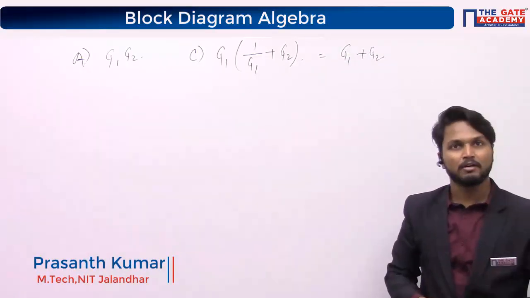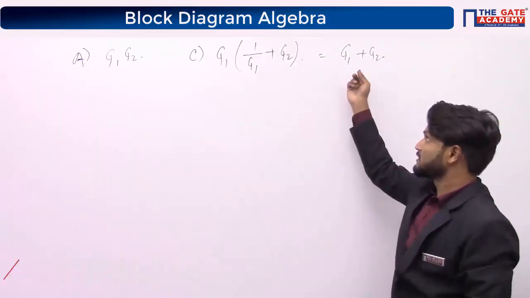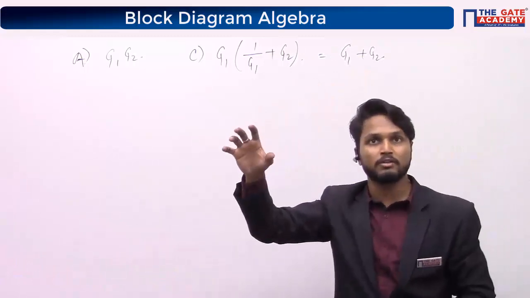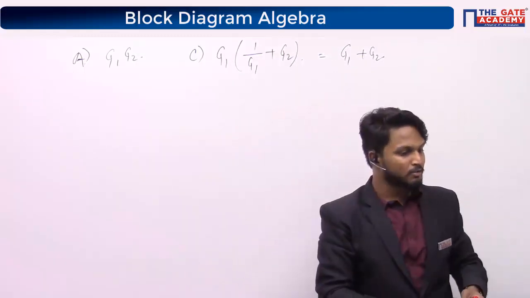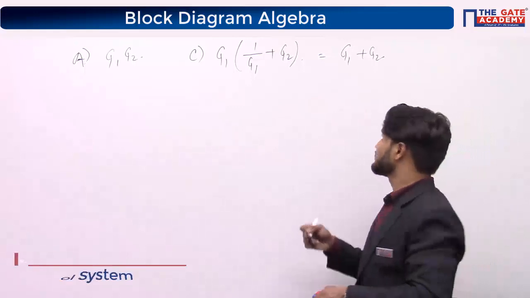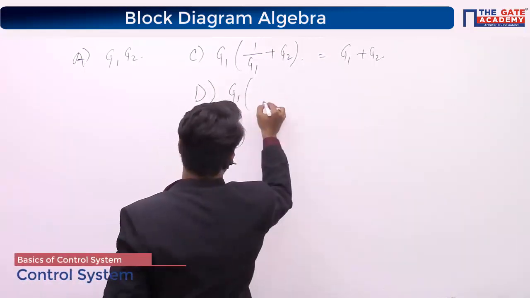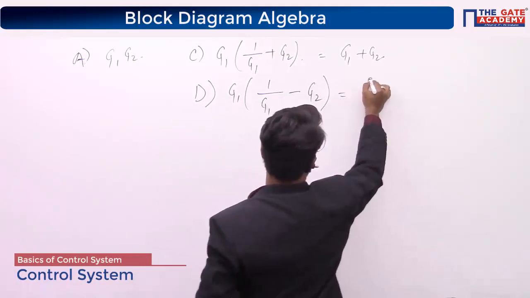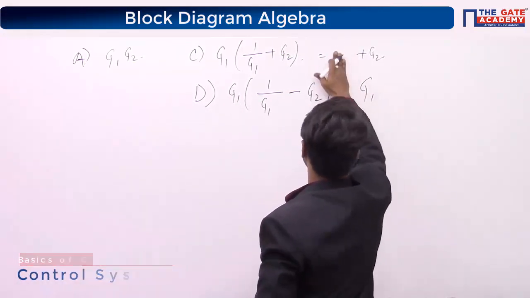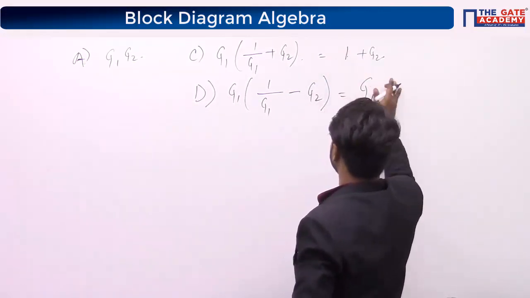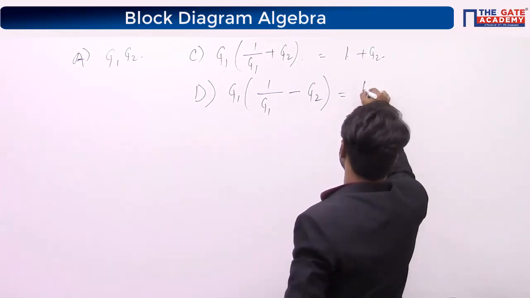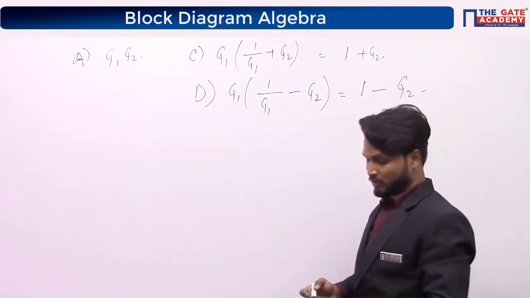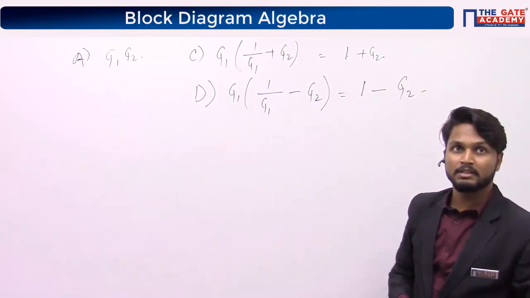Using summing or differentiating, using paralleling of blocks, you can get this. Let us look at the third option. It is B, G1 into 1 by G1 minus G2. So this is nothing but 1, so using this 1 minus G2, you can get this also using differentiating.